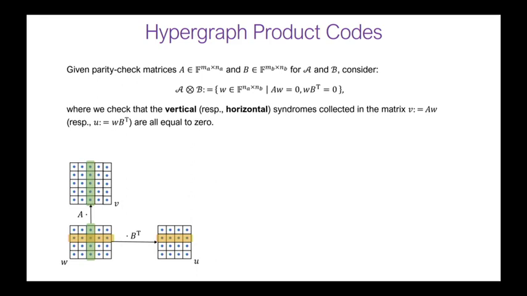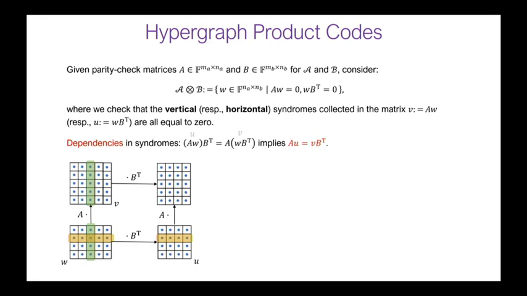Yes, and if we do this, we multiply each row of this matrix W and check whether the result is 0. Okay, so we obtain our syndromes, I call them vertical and horizontal syndromes, but you can easily see that these syndromes have a lot of dependencies.